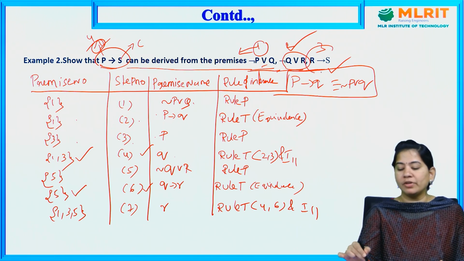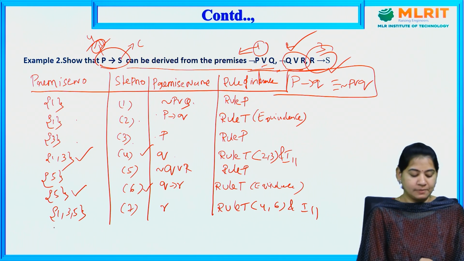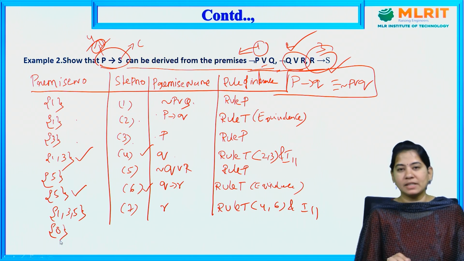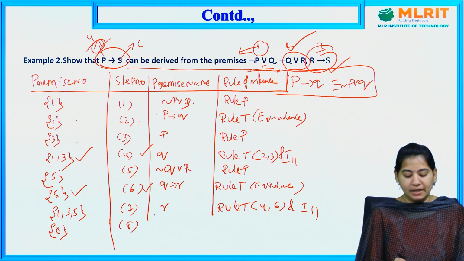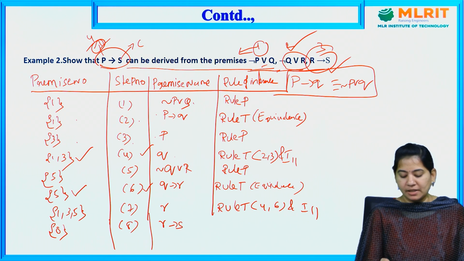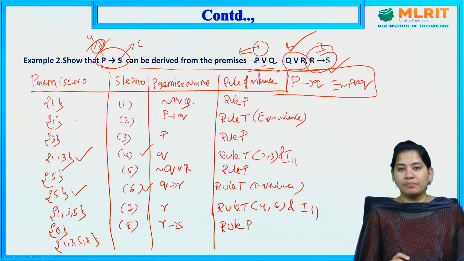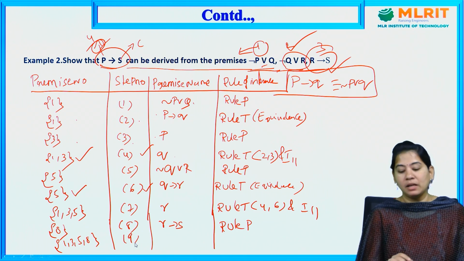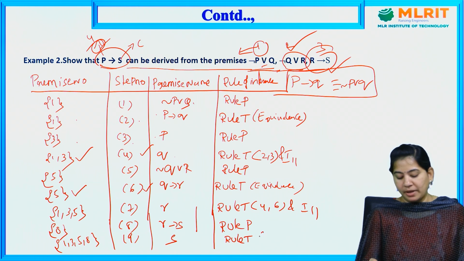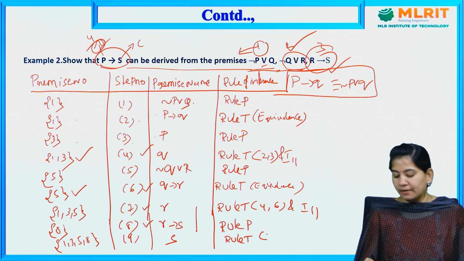Next, we are left over with the last premise, which is called R implies S. So directly you can write R implies S by including the premises number as 8, step number as 8 here, which is called rule P. And next, by including 1, 3, 5, 8, the step number is 9, R comma R implies S is here S, and rule T by including the steps 7 and 8, and it is called I11.